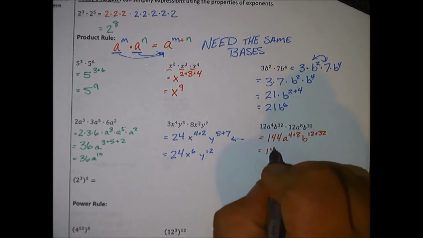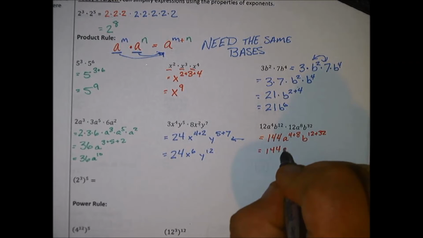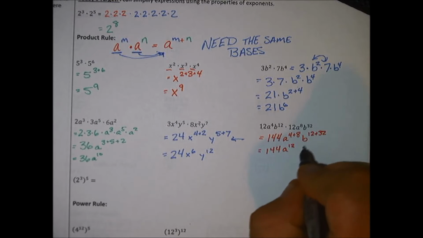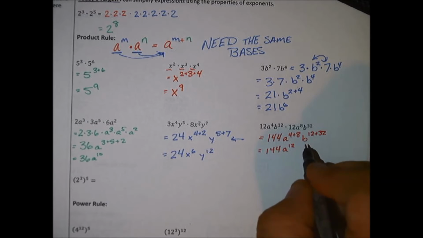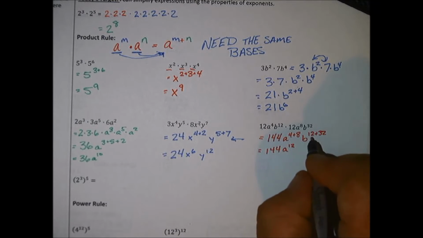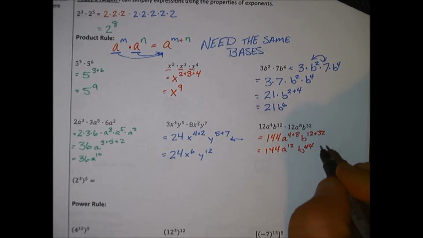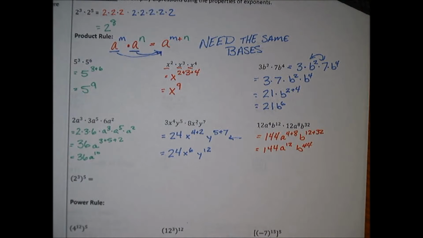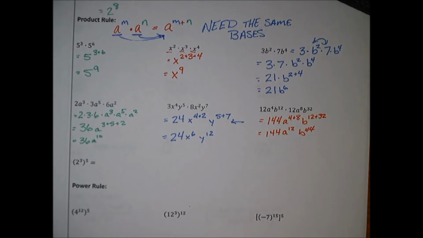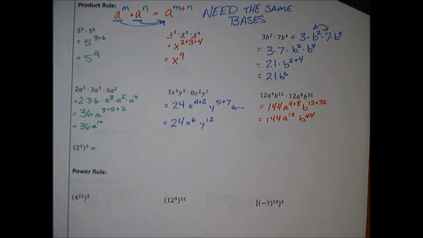So that gives me 144 a to the 12th, because 4 plus 8 is 12. And 12 plus 32, it's going to be 44. Okay, and that's it for those problems. That's product rule, and that's pretty sweet. It shortens our work quite a bit.